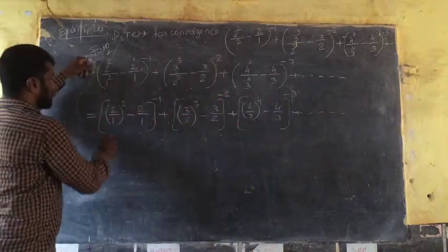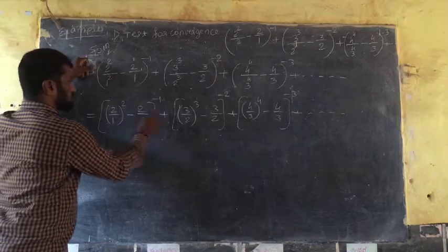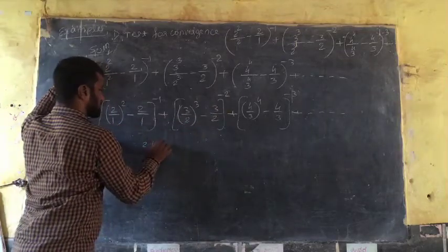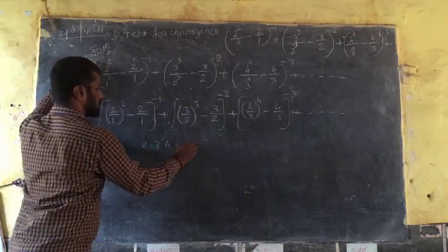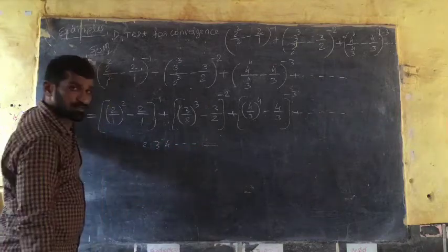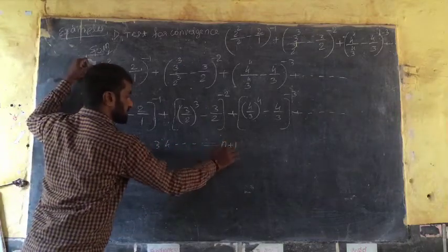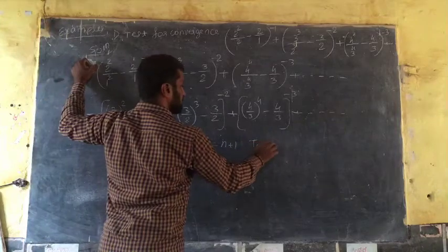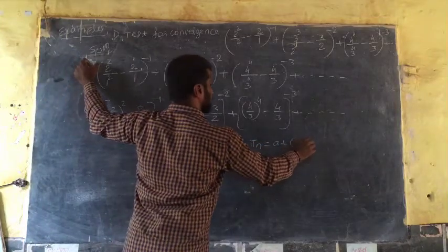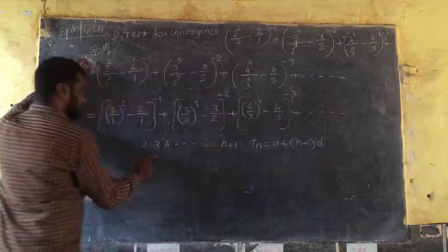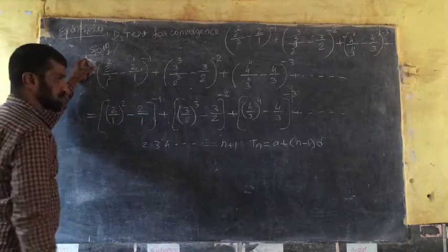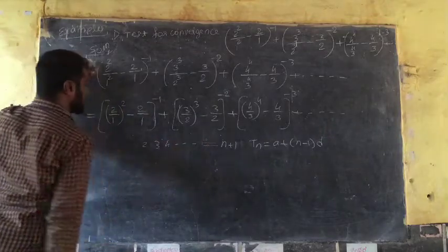The numerators are 2, 3, 4. Its nth term is n plus 1, using Tn equals a plus (n minus 1) d. The common difference is 1 and a is 2, so the nth term is n plus 1.